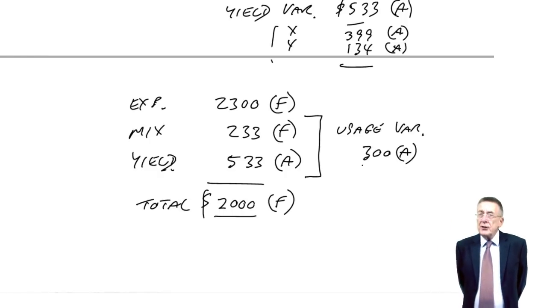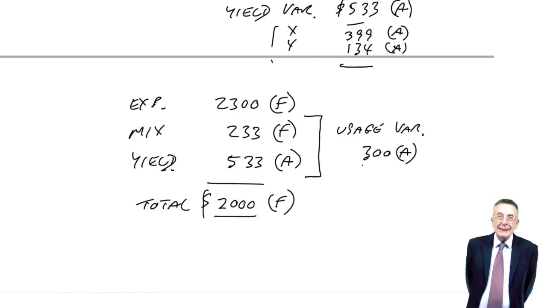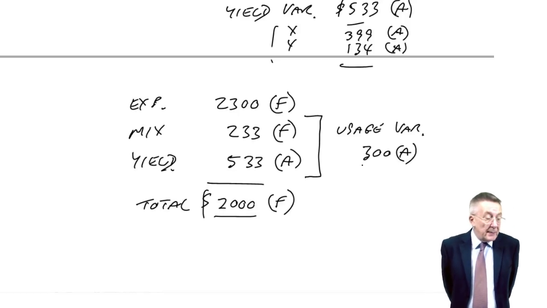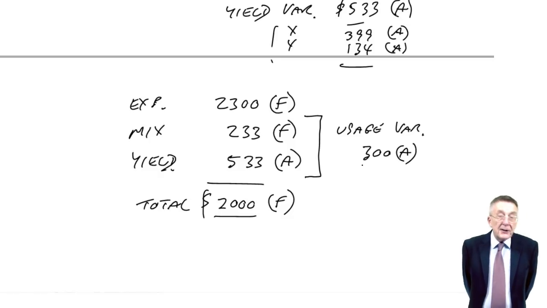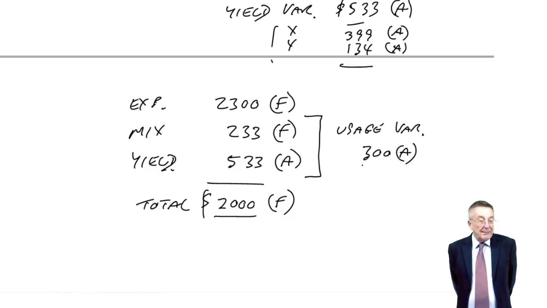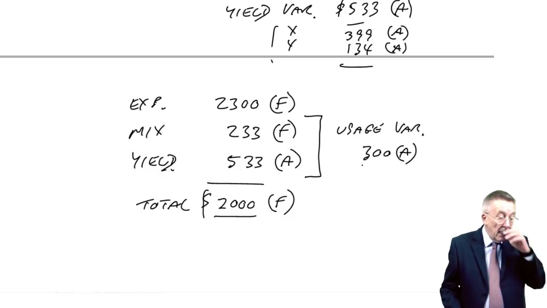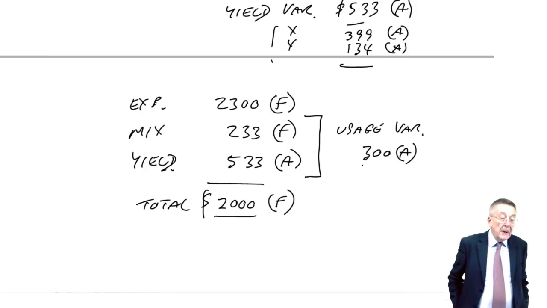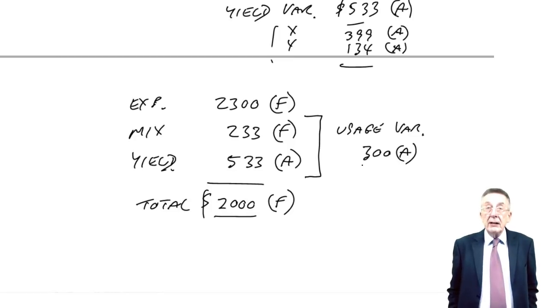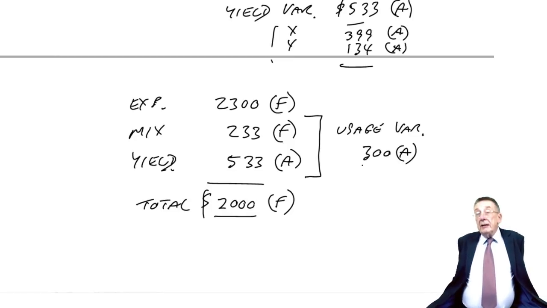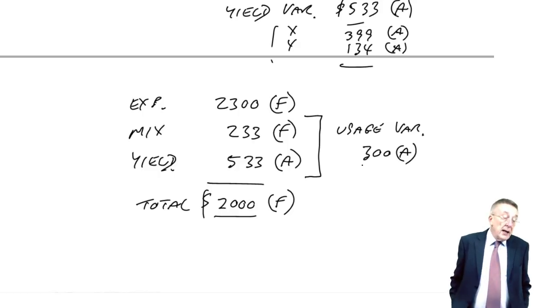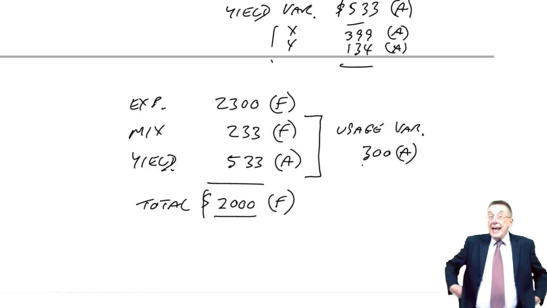There are lots of reasons. It might be an accident. You might have been forced to change the mix because one of the materials was hard to get. If material X was in short supply, you may have been forced to use more material Y, whether there was a saving or an extra cost. Or another reason could have been deliberately to save money.